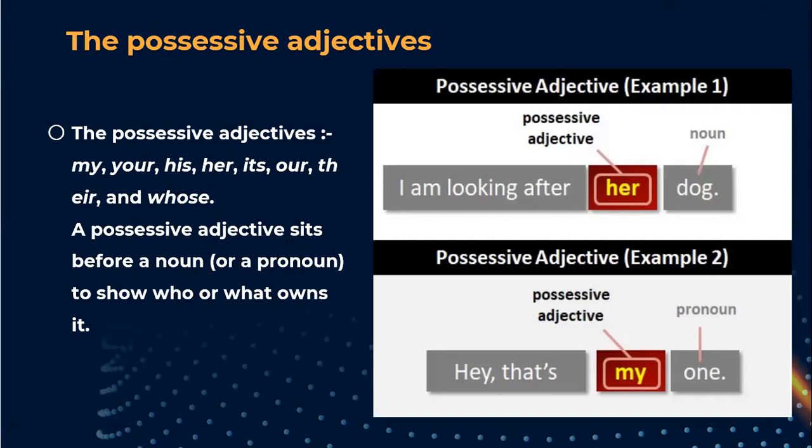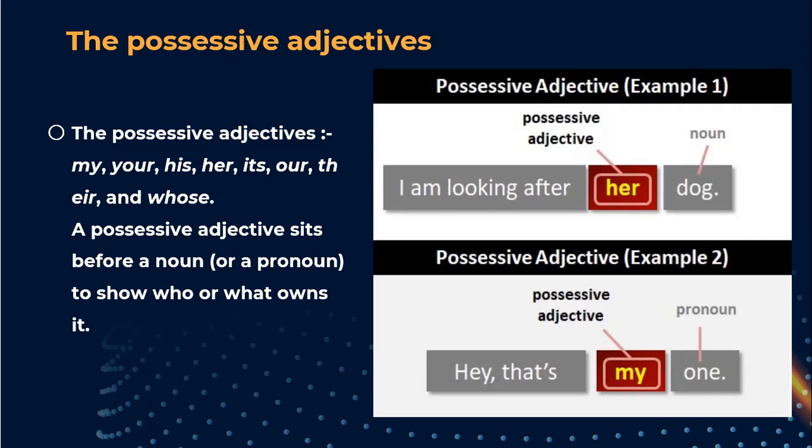In the second example you can see, hey, that's my one. This shows your ownership in this sentence. You can always use these as possessive adjectives in your writing and in your speech also.